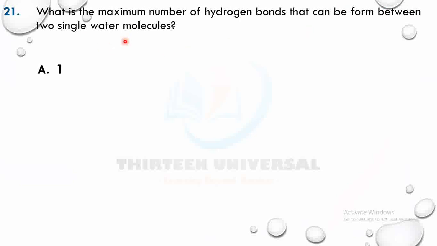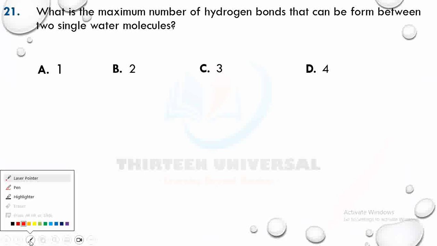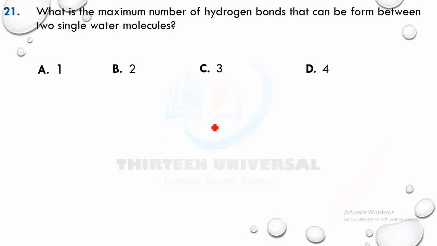All right. What is the maximum number of hydrogen bonds that can be formed between 2 single water molecules? Okay, I want you to try it. Remember that water molecules stick to each other.